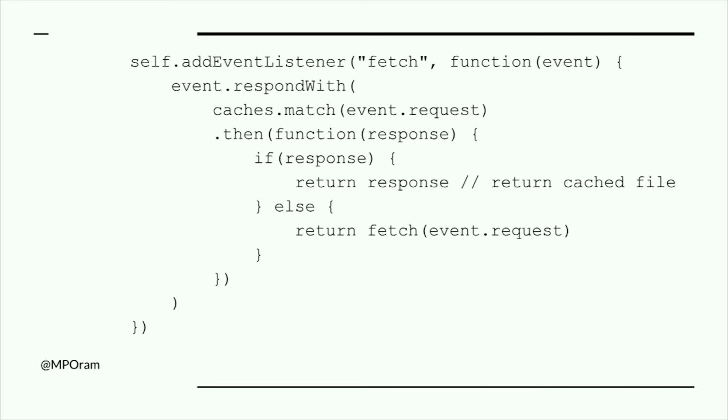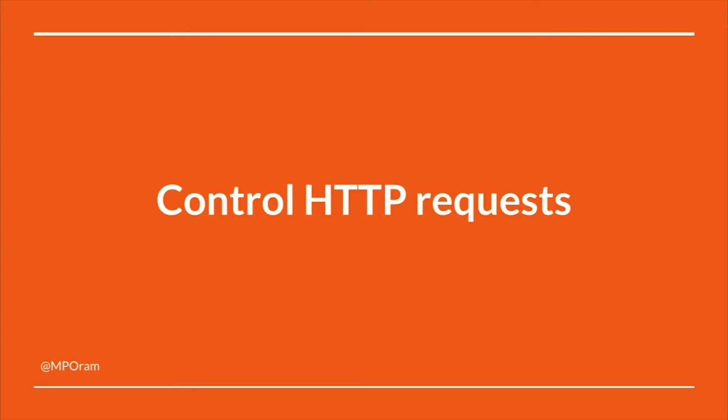So in this one, I'm just checking whether it's in my cache, and if it is, then I'm going to get it out of my cache and send it back, and if it's not, then I'll actually do my fetch request. So that's controlling HTTP requests and using caching, which, as I said, is the most common usage. But we can do a bit more with this.